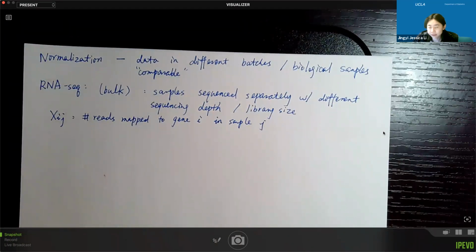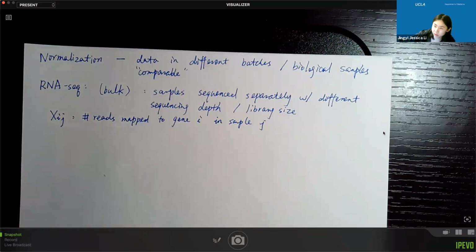So the number of reads do not really capture the number of molecules in our biological system. The reason is because we have the PCR amplification, and the number of sequencing, right? The PCR amplification will amplify each molecule into multiple copies, and you're sequencing the copies. And the sequencing depth will determine how saturated your sequencing library is sequenced.